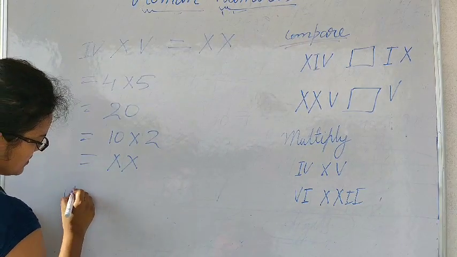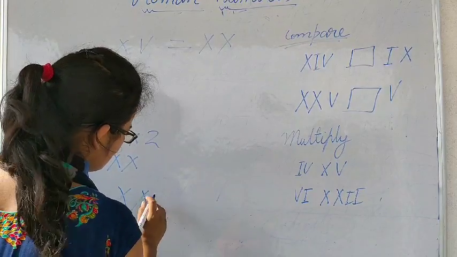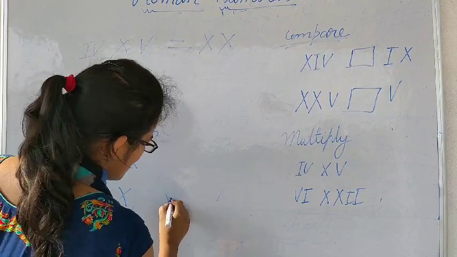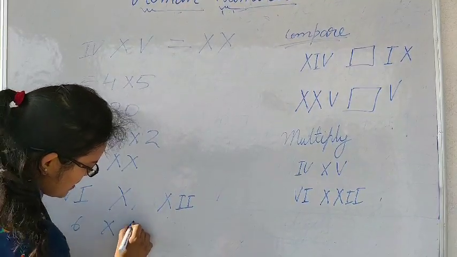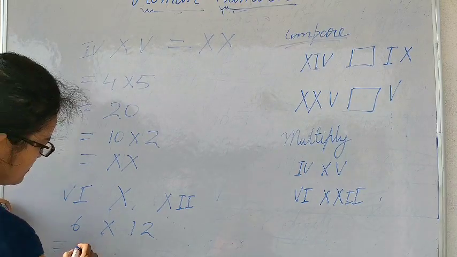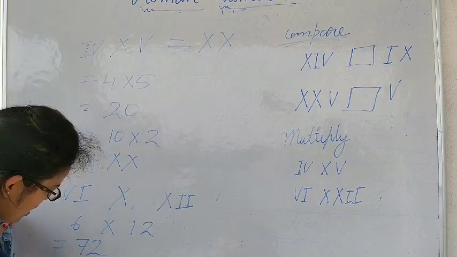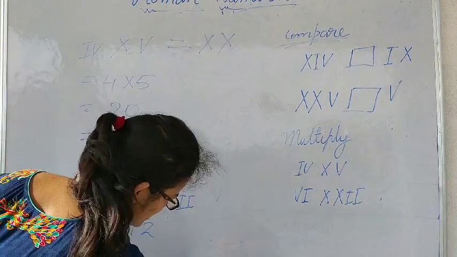Next question is 6 multiplied by 12. So what will we get? 12 sixes are 72. How can we write it? 50 plus 10 plus 10 plus 2.